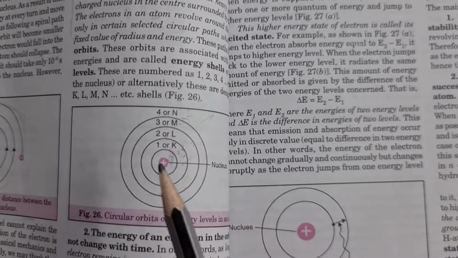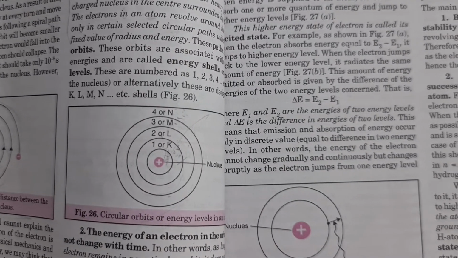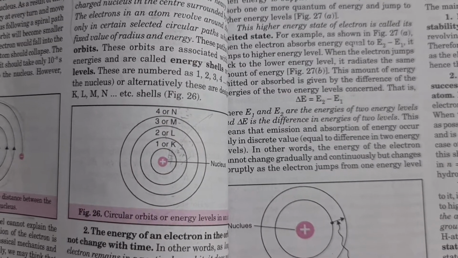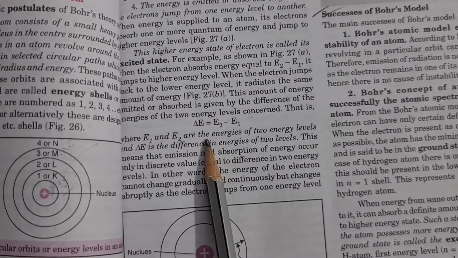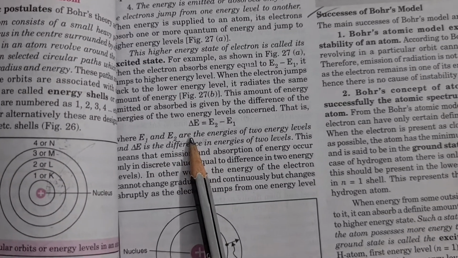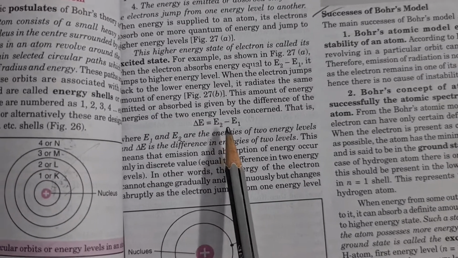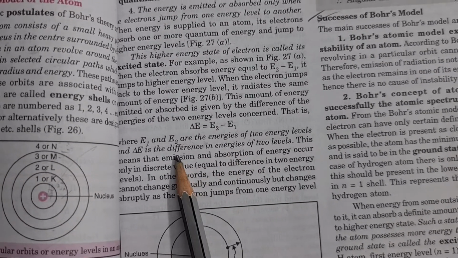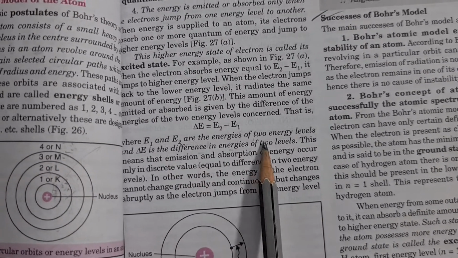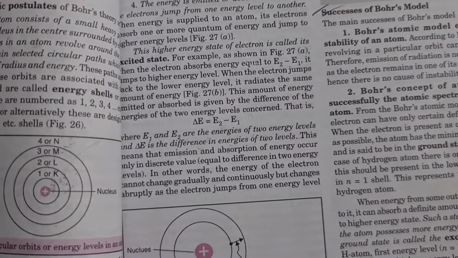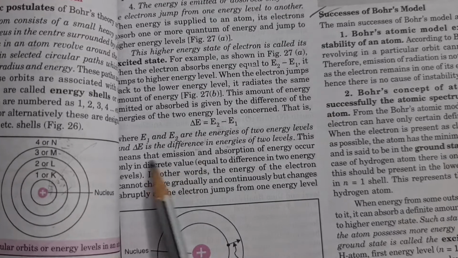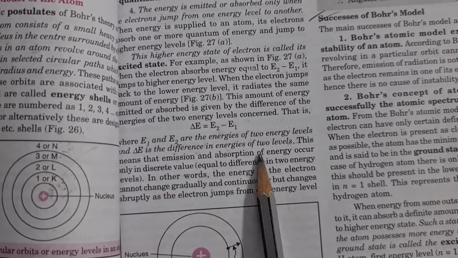In the excited state, if the electron loses energy, it will come back to the ground state. So the energy difference can be calculated very easily: delta E is equal to E2 minus E1, where E1 and E2 are the energies of the two energy levels, that is the ground state and the excited energy state, and delta E is the difference in energy of the two levels.